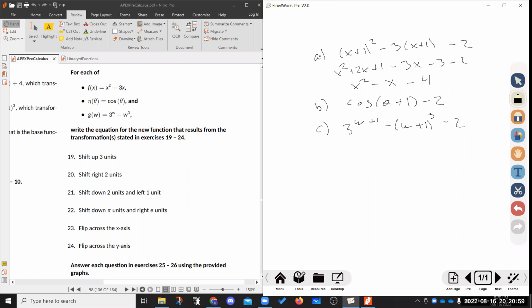Now for number 22, I want to ask us to shift down pi units and right e units. So x minus e squared, x minus e, down pi.